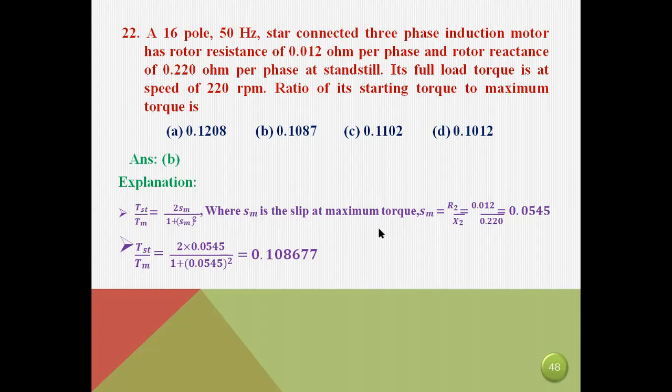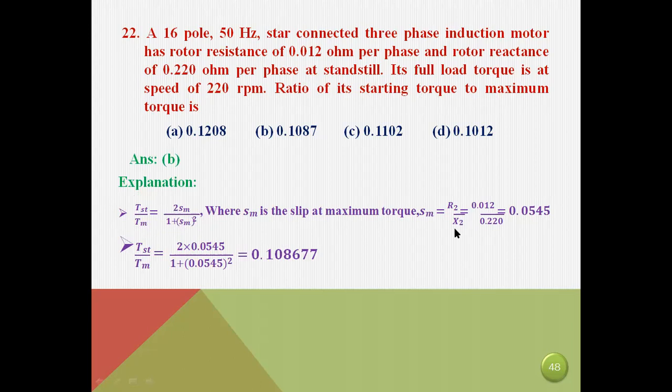You can calculate. Now we have the formula for the starting torque with the maximum torque, that is 2 into maximum slip upon 1 plus maximum slip square. You will need this equation to solve numericals if there is a question on the ratio of starting and maximum torque. If you have not seen these equations, you can note them down.